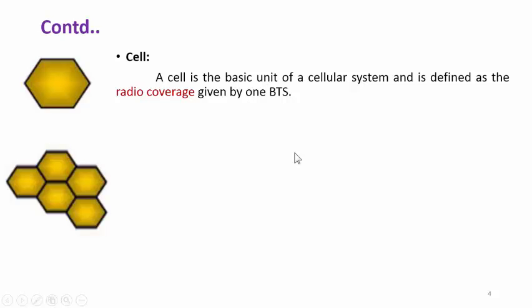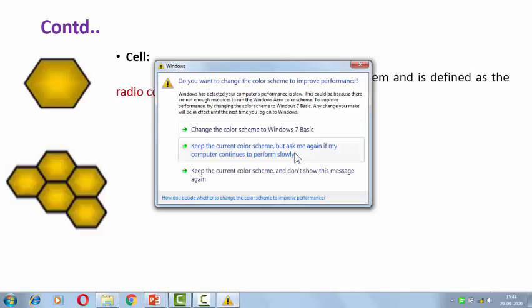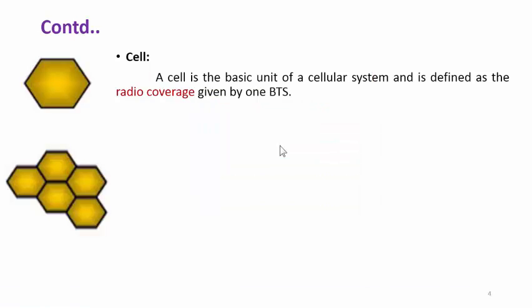This cell is shown in hexagonal shape so that the cell phones available in the coverage area get the proper signal, but in the actual environment we do not get this hexagonal coverage; we get random radio coverage.